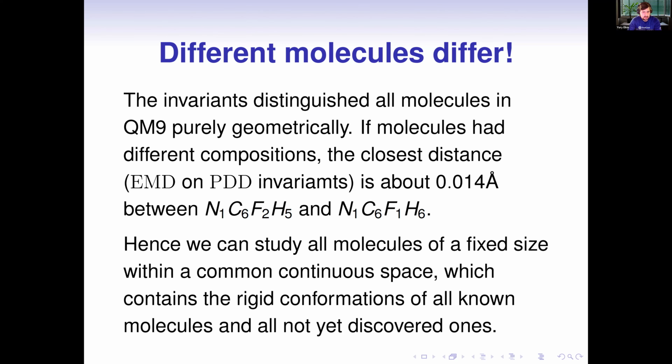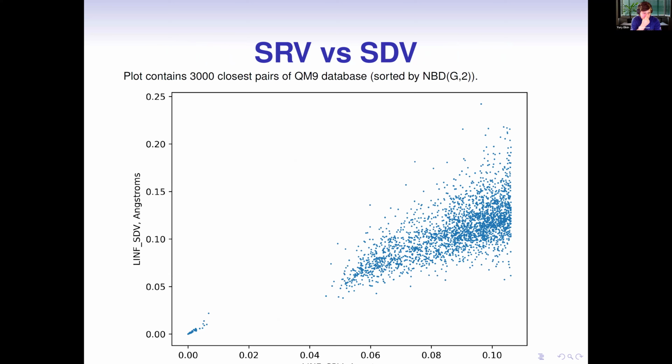And actually here I have some pictures. Maybe I should zoom this out. Let me see. Okay, so on the bottom we have the SRV invariant, the easiest one. Here we have SDV, and here we have the similarity graph.